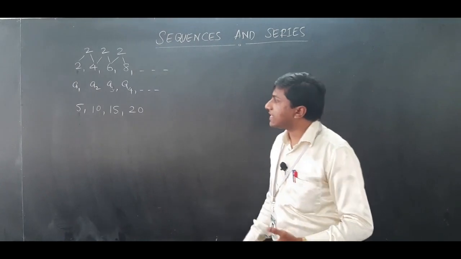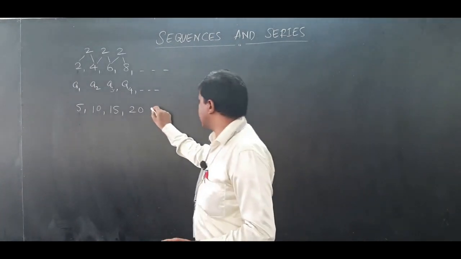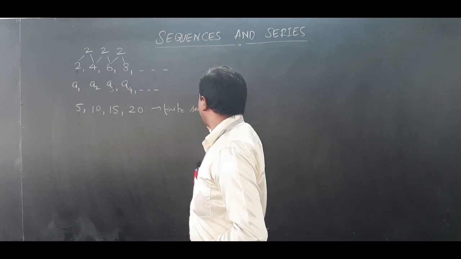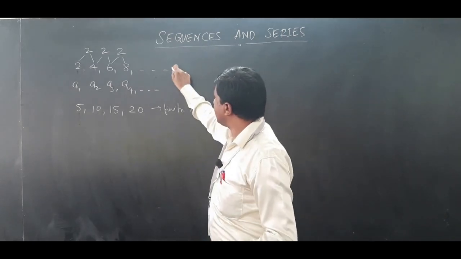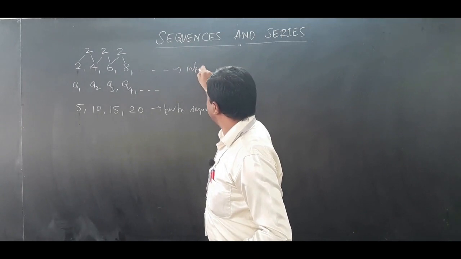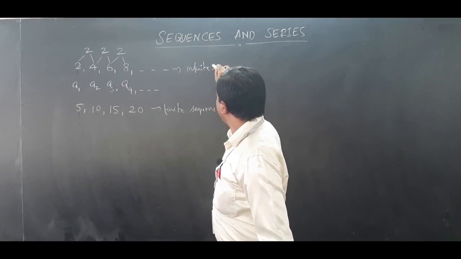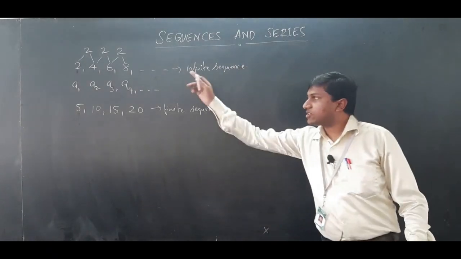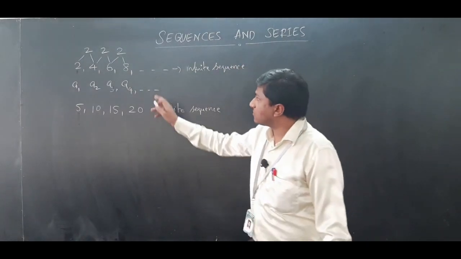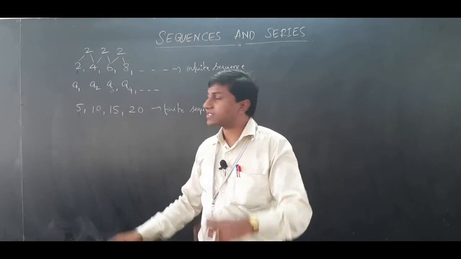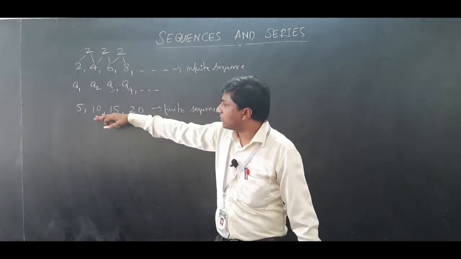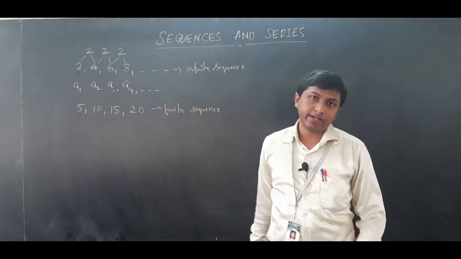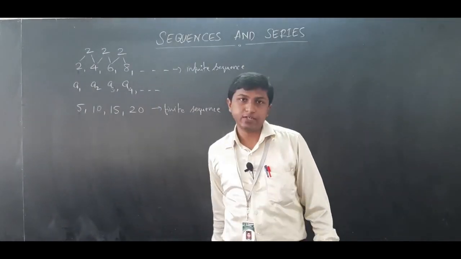Hence, we will call that a finite sequence. This is an infinite sequence, because you cannot count the number of terms; that is why I have put 3 dots after 8. But here I have stopped at 20, denoting that it is a finite sequence. The last term is 20.